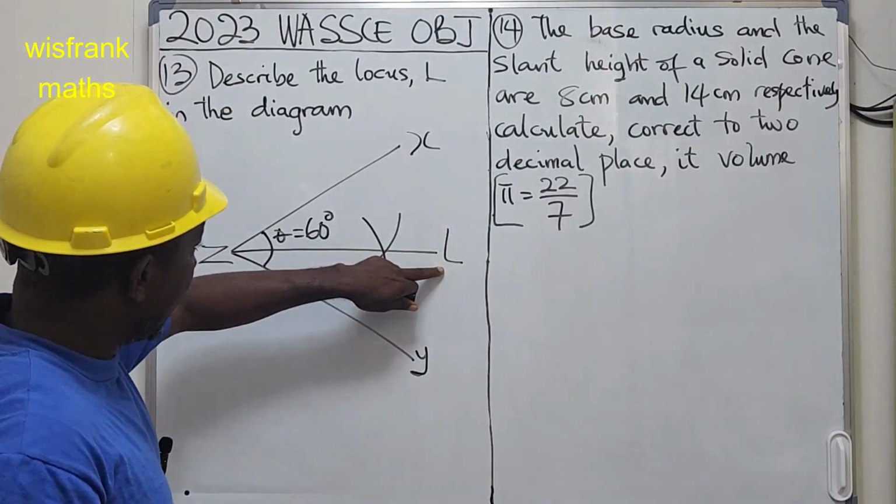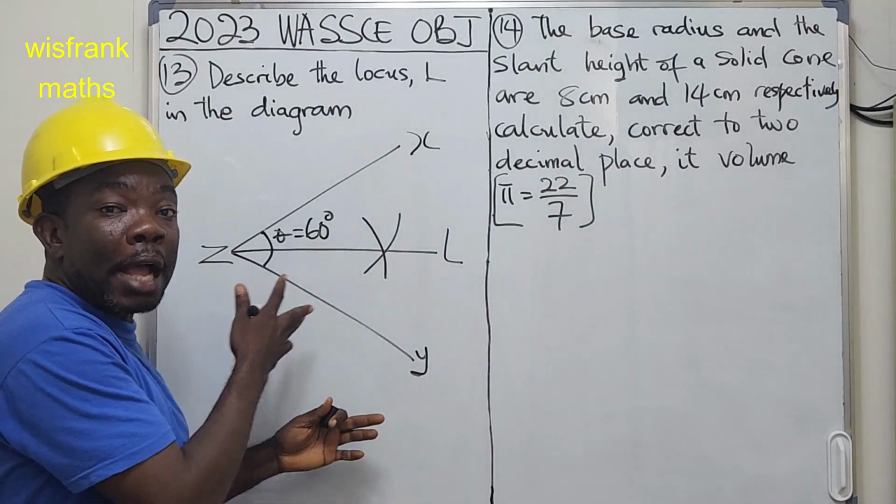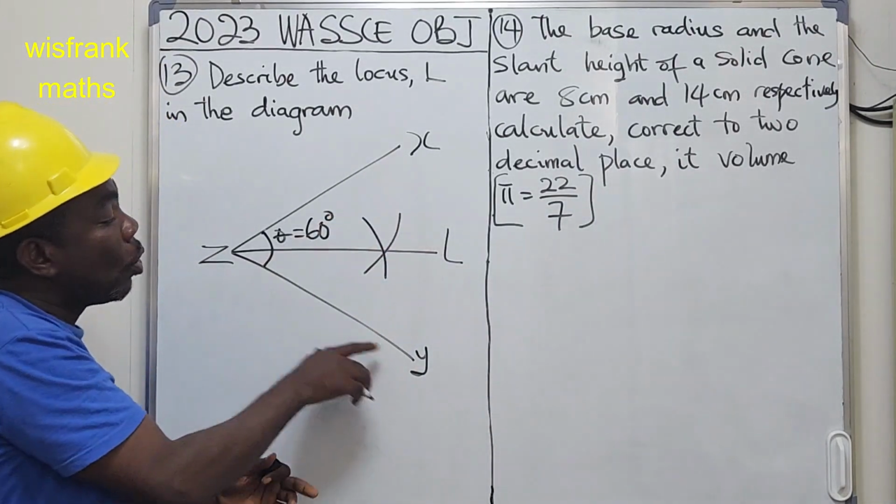Therefore, L here is the bisector of the angle XZY.